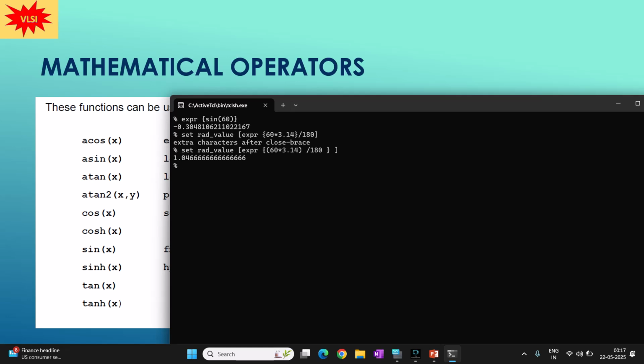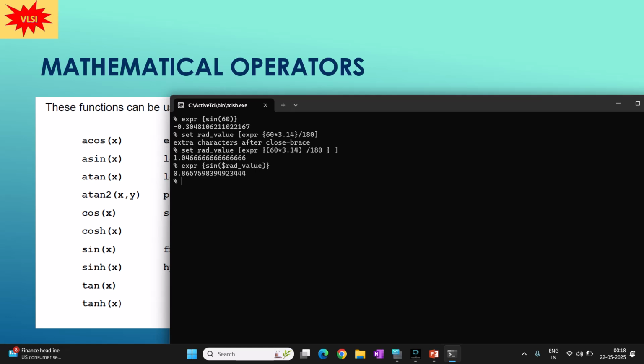So now you understood the importance of brackets. Choosing the correct bracket is the most important thing in TCL. Now, in radians, I have got this value. Now let's see what answer I will get if I write $rad_value.